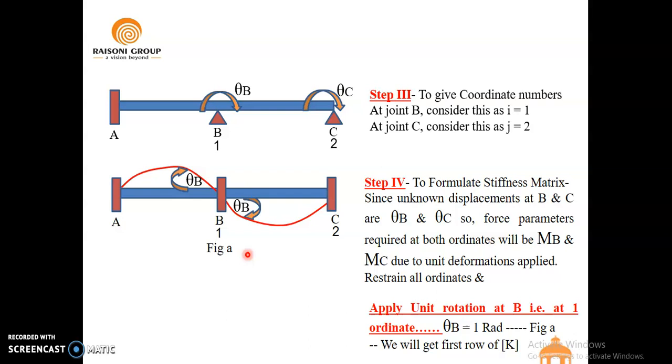So please see figure A; in this way we will get the first elements like this.